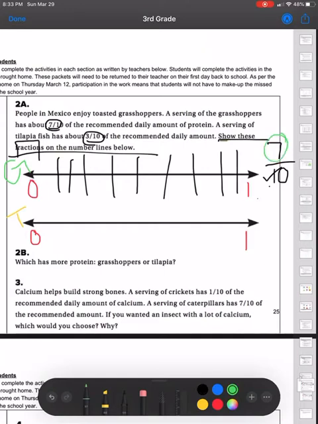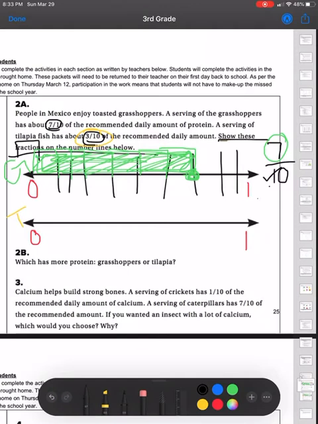I'm now going to focus on the 7, which means I'm going to count 1, 2, 3, 4, 5, 6, 7. And I'm going to put a line or a dot here, and I'm actually just going to color it in to help me remember how many 7/10 is. And then I'm going to do the same for tilapia. In tilapia, it says it's 3/10.